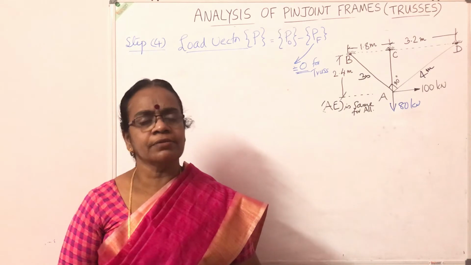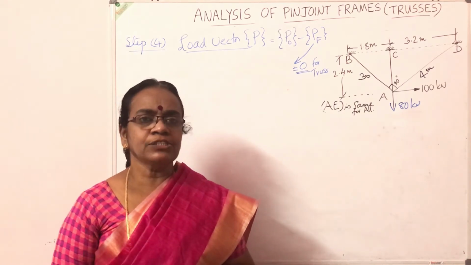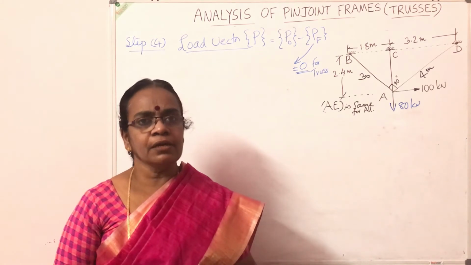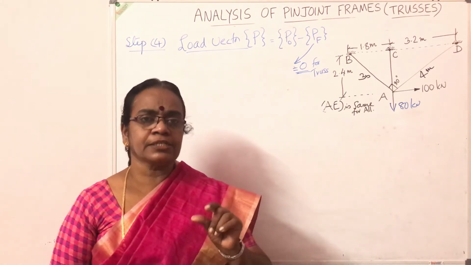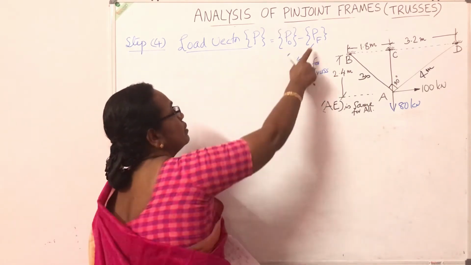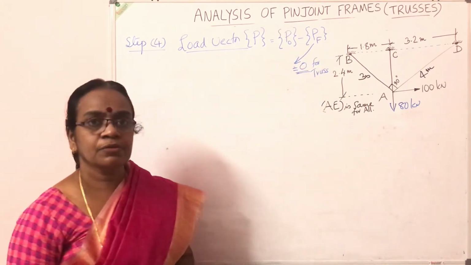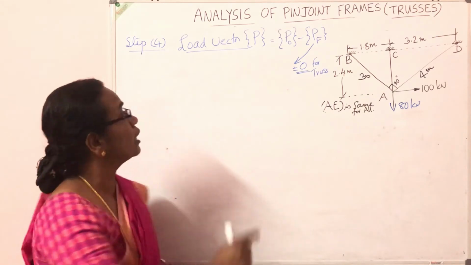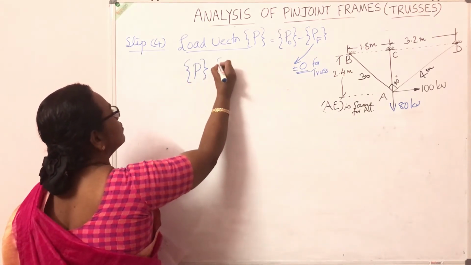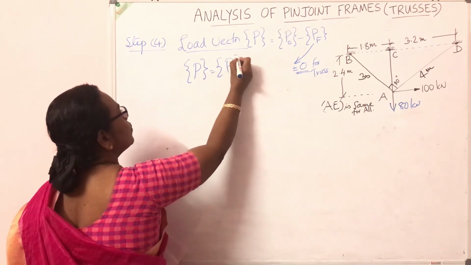P is equal to P0 minus PF. In pin joint frames, or trusses, there will not be any fixed end moment. They are pin connected, free to rotate, so there will not be any bending moment. So the fixed end moment vector is equal to 0 for trusses. So the joint load vector P is equal to P0 itself.